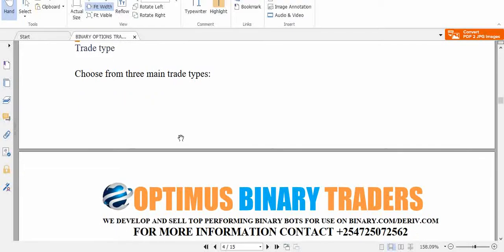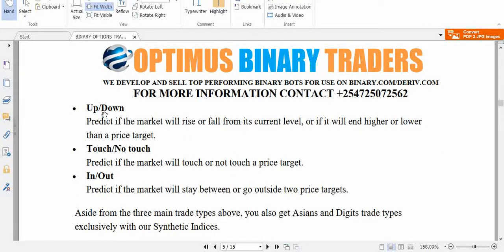Then under the trade type, you choose among 3 main trade types. We have the up, down: you predict the market will rise or fall from its current level, or if it will end higher or lower than a price target.